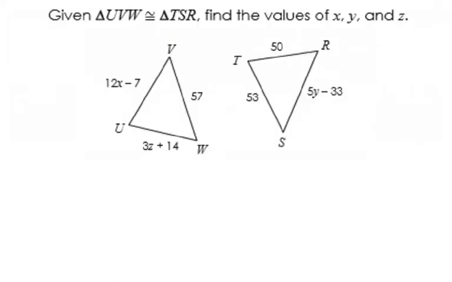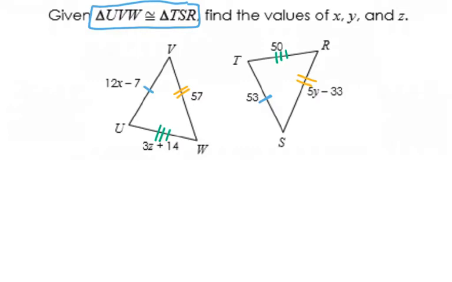Alright, I want you to see if you can do this one. So you're given a congruency statement, so you should be able to tell which sides correspond. You can color code it like I've been doing. So let's pause the video and just color code the corresponding sides to make sure you understand which go with which. So try that in 1, 2, 3.